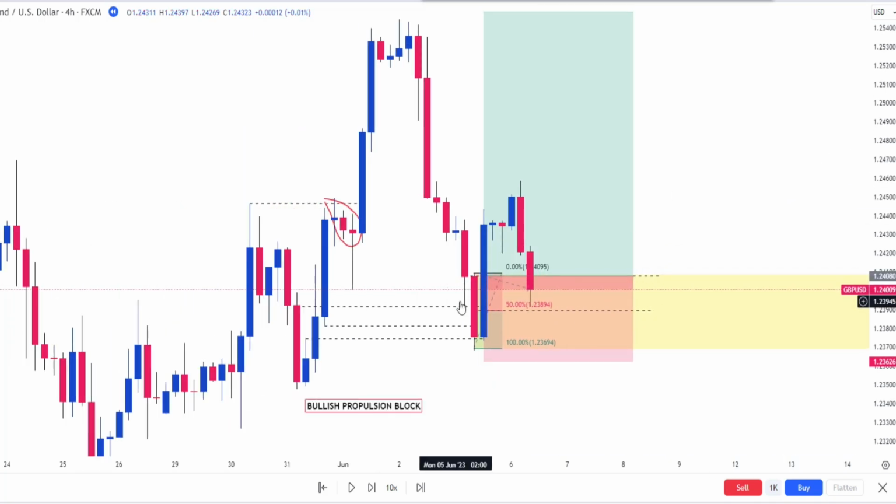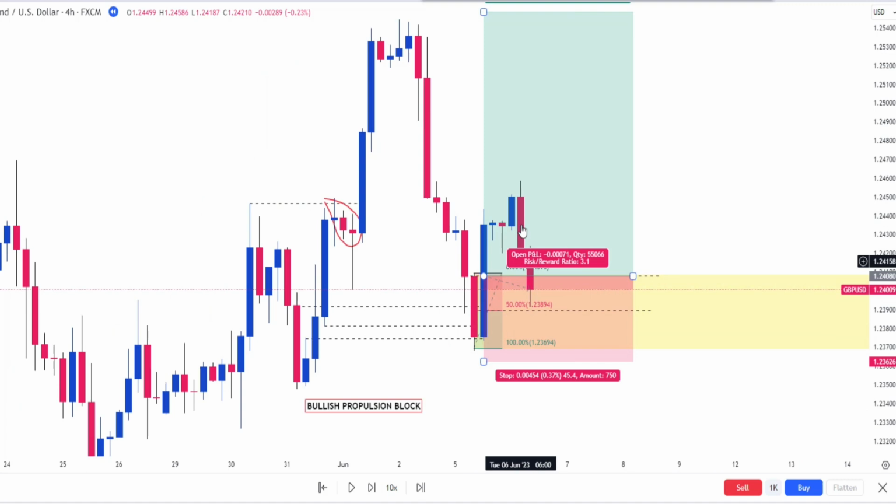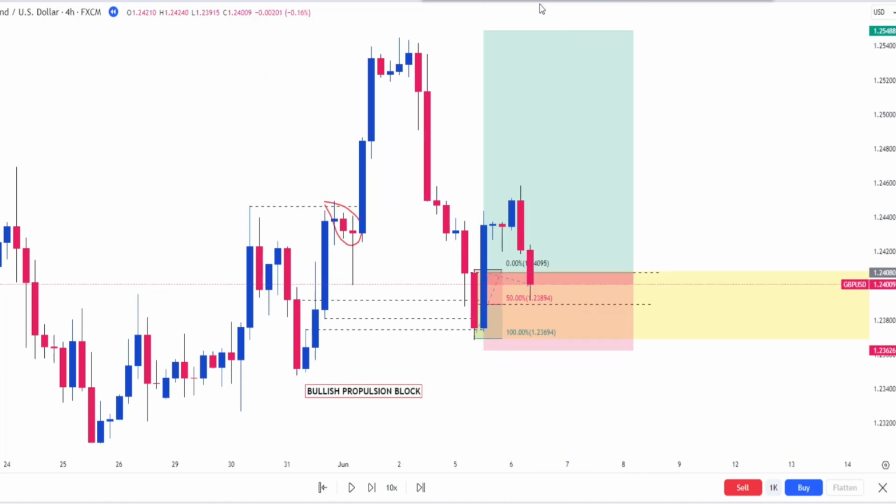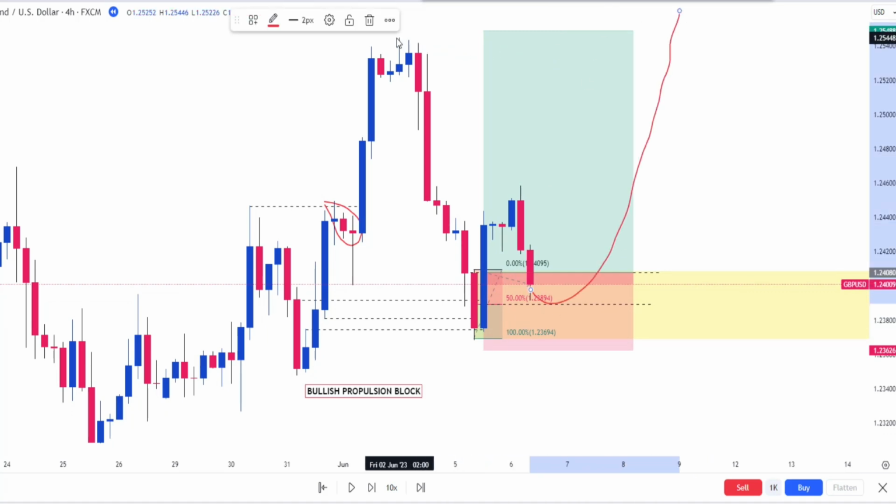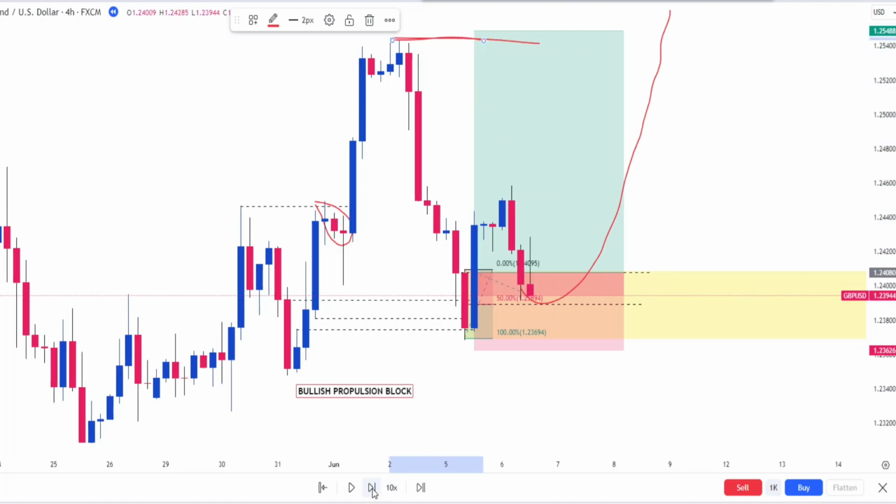Okay, so this is a propulsion block, because from it we expect to see price shoot up and move ahead to deliver liquidity to the upside, or to move above this draw on liquidity. So that is your propulsion block.